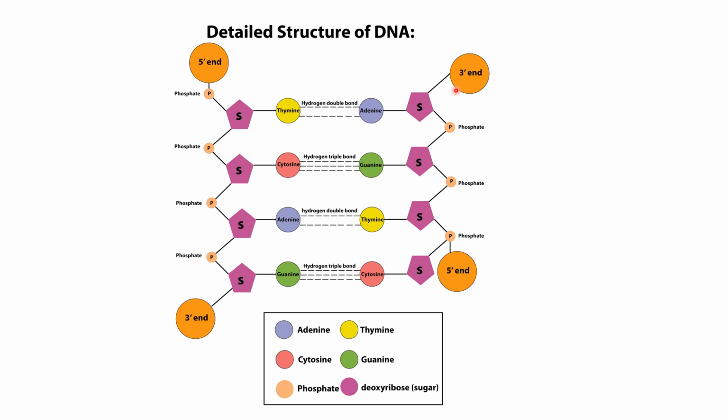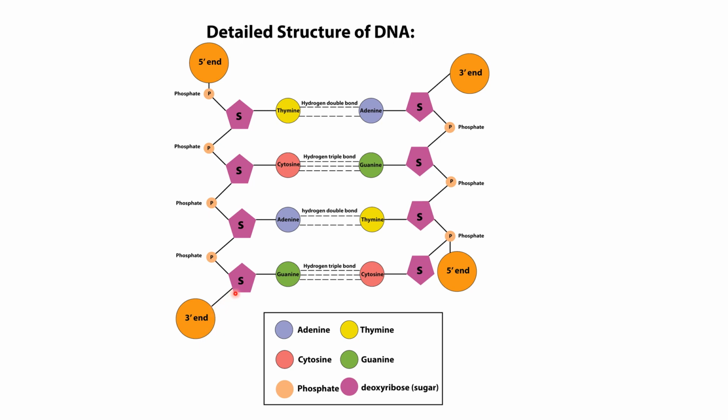I added this picture to show you the chemical polarity of the DNA strand. So as you can see, this is the 3' end of the nucleotide, and here is the 5' end. The 3' end means that when we give numbers to each carbon atom, the carbon atom that stands here is the 3' end.